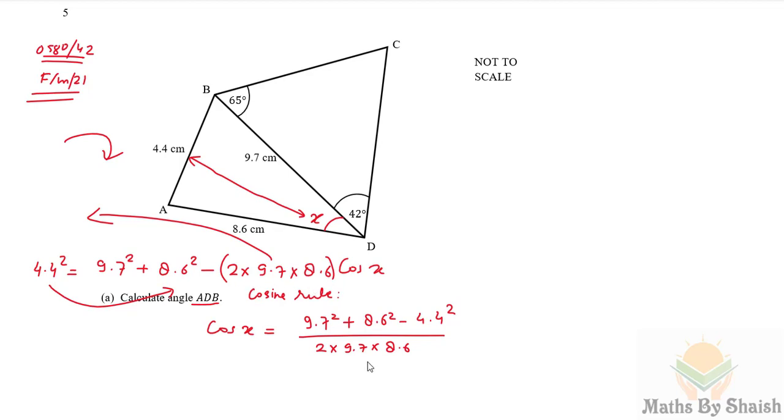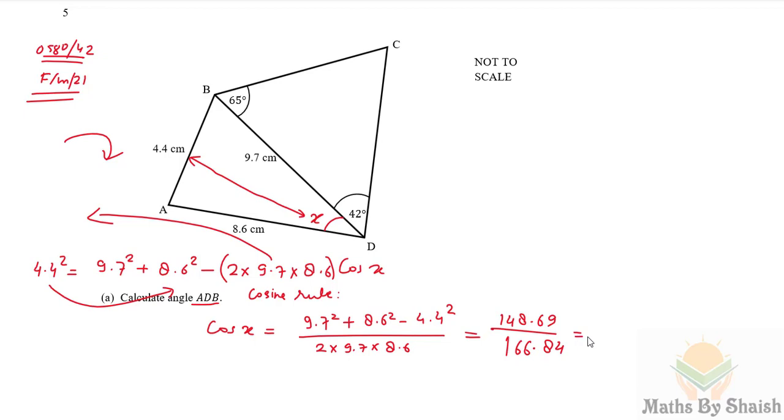Now we will calculate this value directly from the calculator, and it is 9.7 square plus 8.6 square minus 4.4 square. So the numerator value is 148.69 divided by 2 into 9.7 into 8.6, and this denominator value is 166.84.